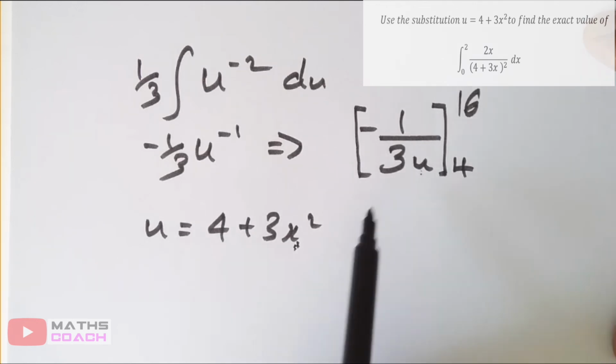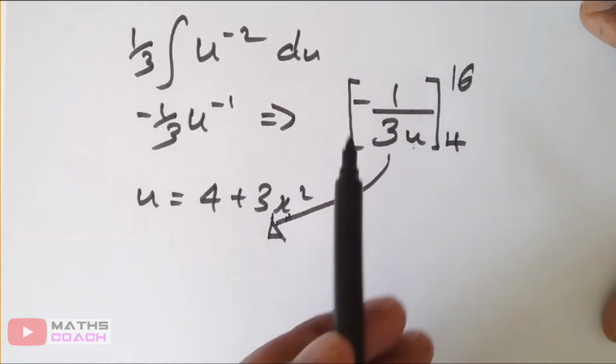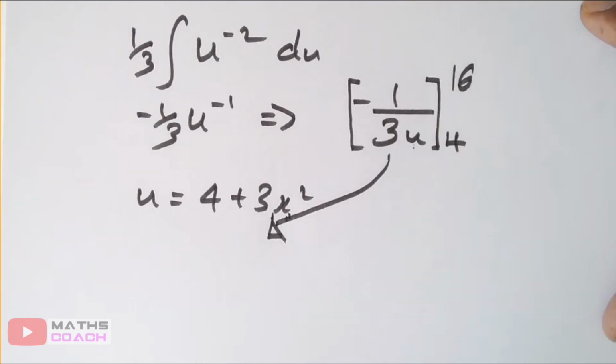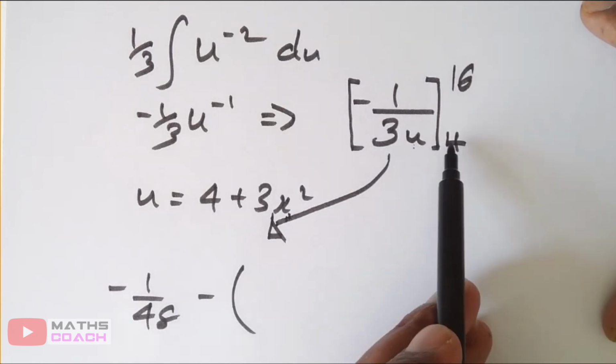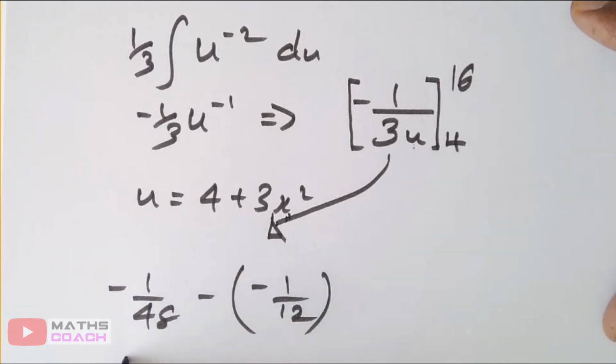So all we've got to do now is plug the numbers in. 16 becomes u, so we're going to end up with minus 1 over 48. Take away, really important, put brackets for our second input. 4 goes into place of u there, we have minus 1 over 12. And then the rest is quite simple.